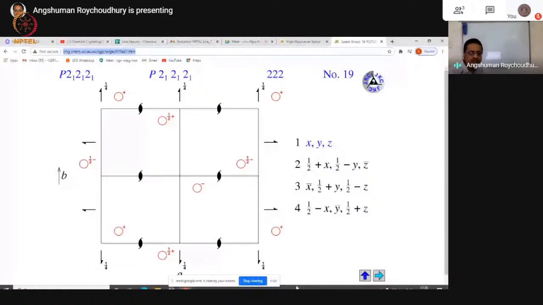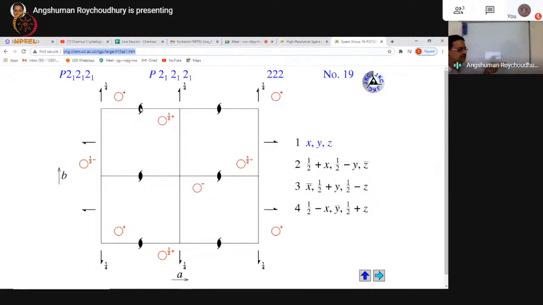The 2-1 screw, which is parallel to B, is actually 1/4 shifted from the plane of projection. So these two are non-intersecting. And the third 2-1 is further shifted 1/4 along X and 1/4 along Y. Sorry, 1/4 along X. So this one is here. So this is a third 2-1.